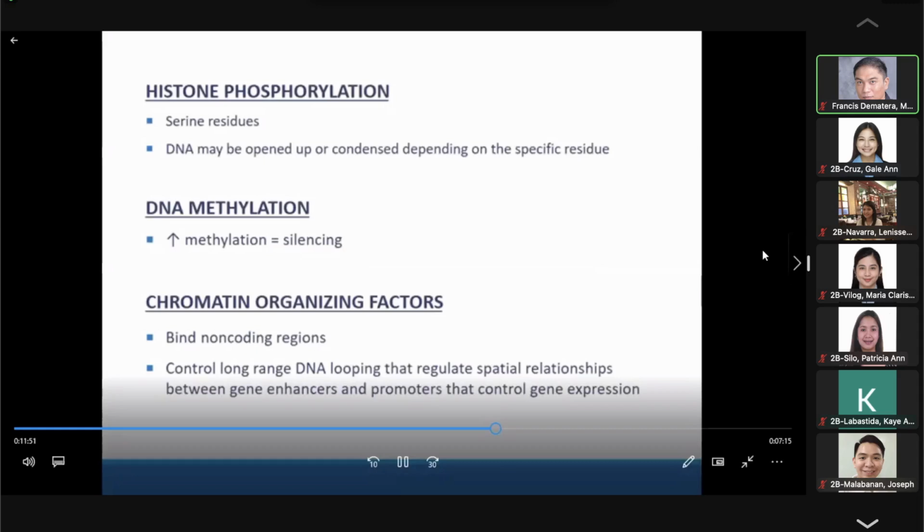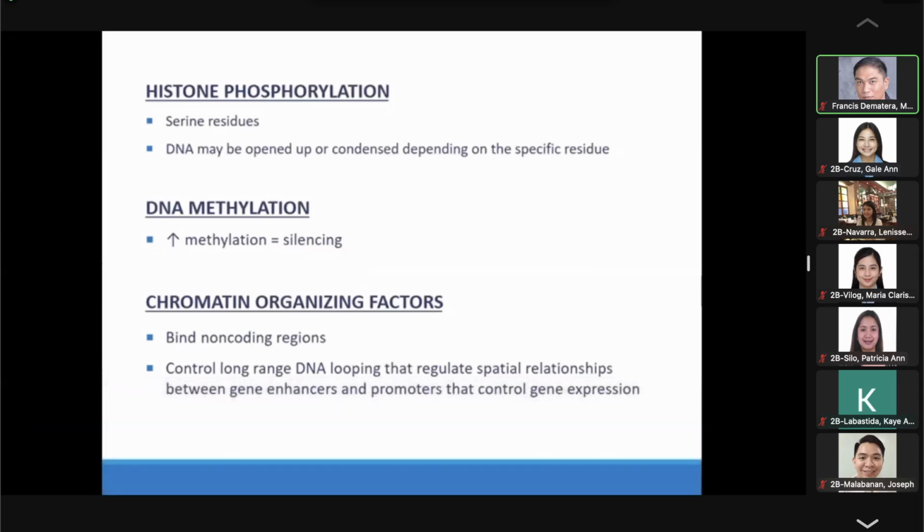Chromatin organizing factors are believed to bind to the non-coding regions and control the looping of DNA. So that regulates the distance between enhancers and promoters that control gene expression.